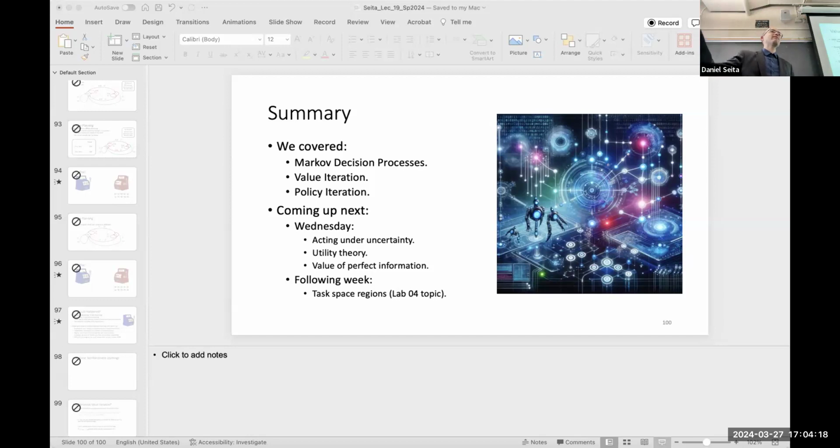Can the gain be negative? Think about that. It's an interesting question to think about.